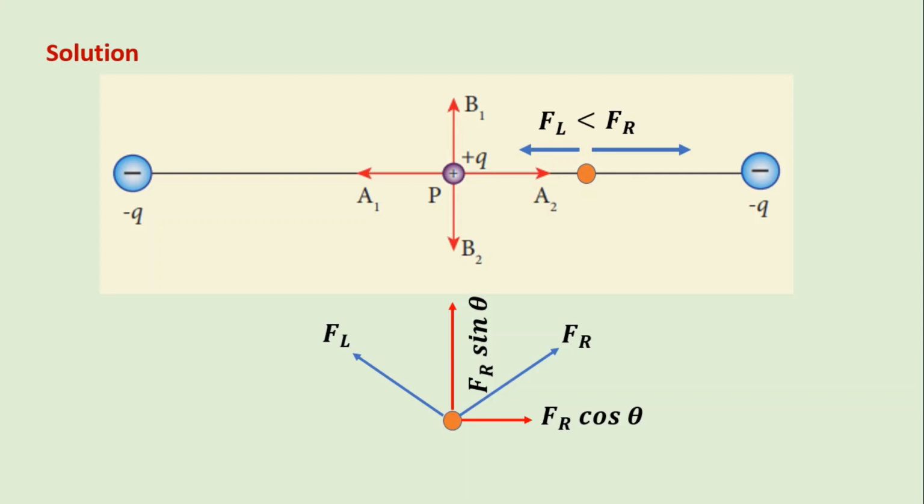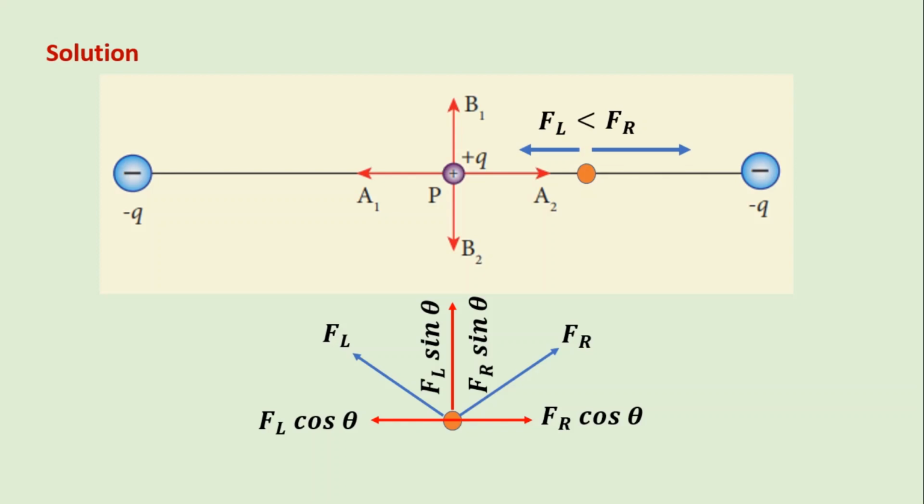This is resolved into two components: the horizontal component Fl cos theta, on my left hand side, and Fl sin theta, in the vertically upward direction. We find that these two forces, Fl cos theta and Fr cos theta, are equal and opposite in direction, so they cancel each other.